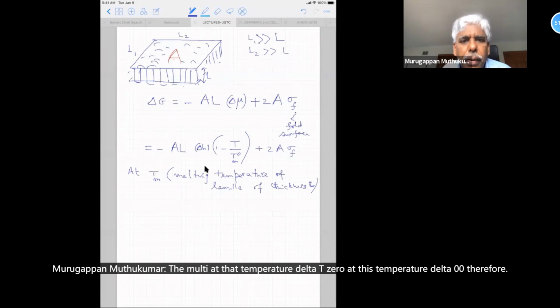At that temperature, delta G is equal to 0.